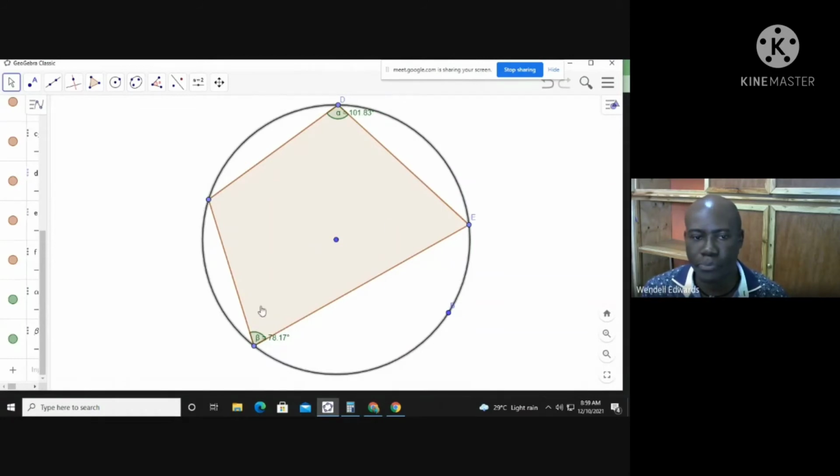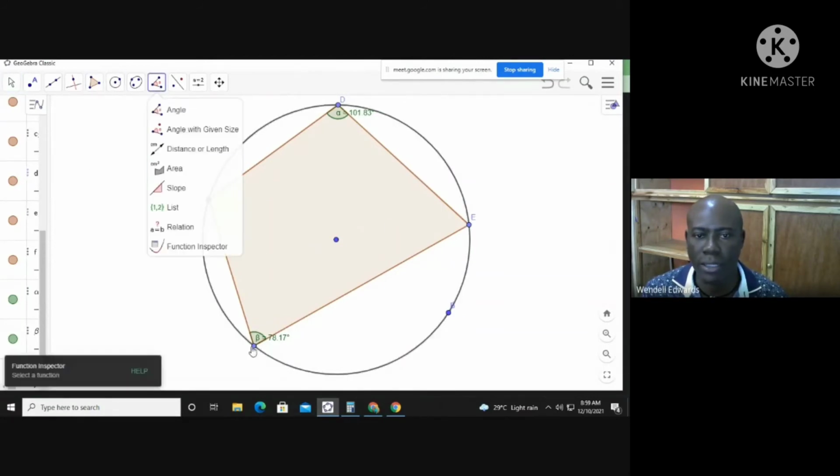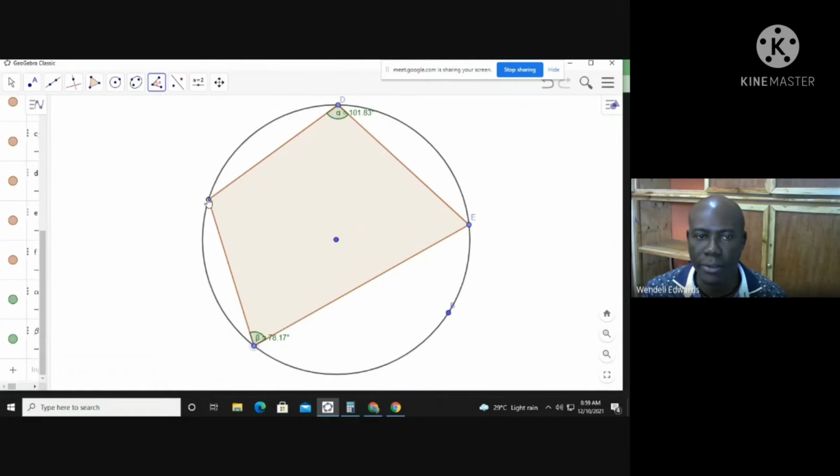Now let's put on the other pair of angles. We're putting on this angle here, and I get 108.56. Let's put on this angle here, and I get 71.44. So these two angles are supplementary, or we could just say they add to give 180 degrees.